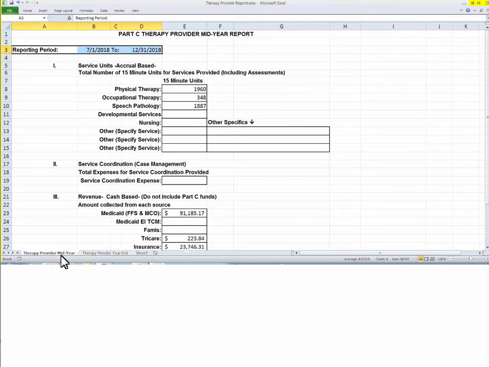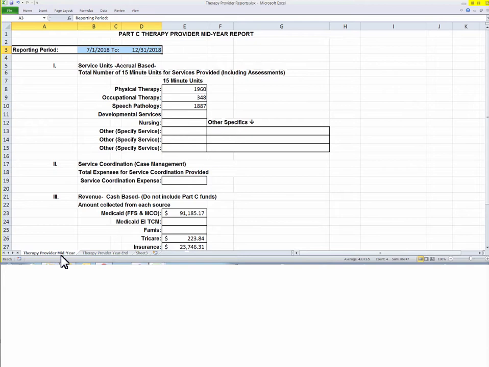If you provide services for more than one catchment area in the state, then you will need to provide reports specific to the infants and toddlers you serve for that specific catchment area. One report is filled out for each period for each catchment area.